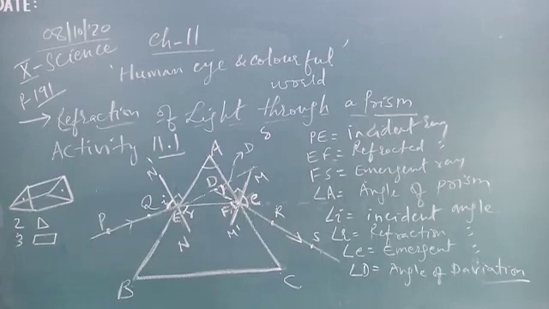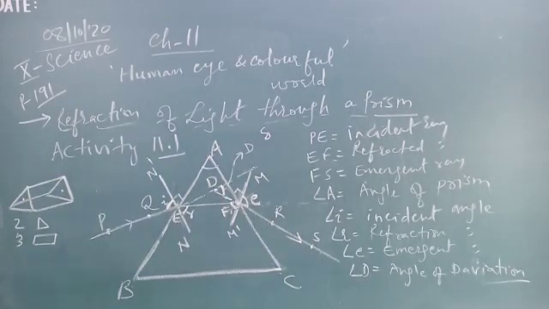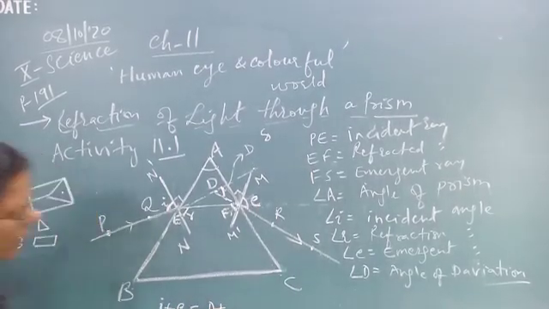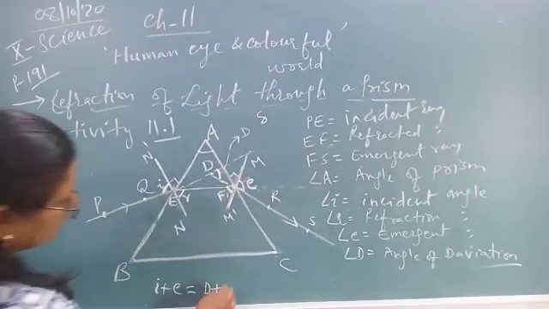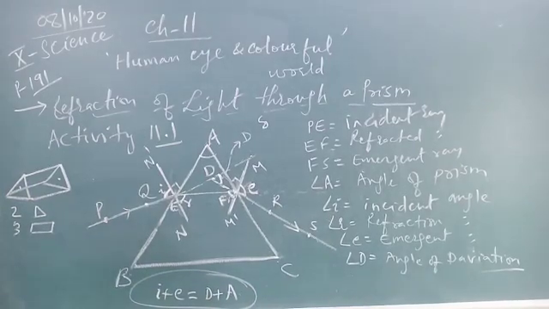So the emergent ray FS bends towards the base of the prism. Measuring angle I, angle of prism A, angle of emergence e and angle of deviation D, we get I plus e is equal to D plus A. So these measurements should be like this.